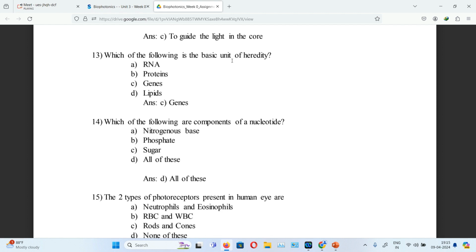The basic unit of heredity is the gene. Genes are special portions of nucleic acid or DNA corresponding to a particular protein, responsible for the expression of that protein, which is useful for particular features of the organism. These genes are transferred from one generation to another, so the basic unit of heredity is genes.